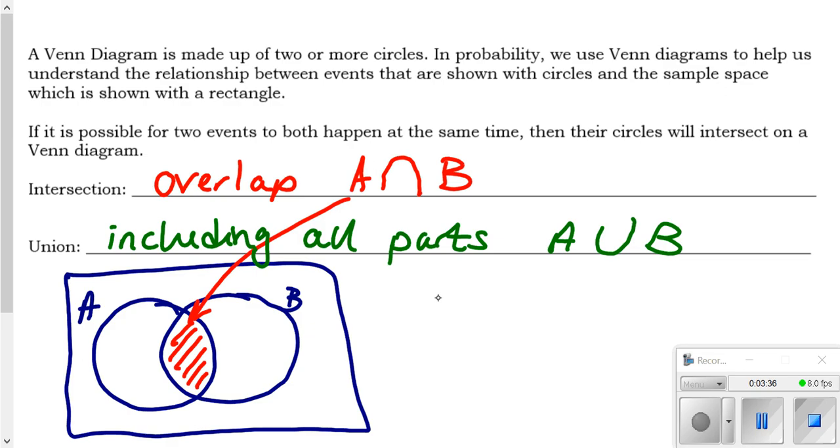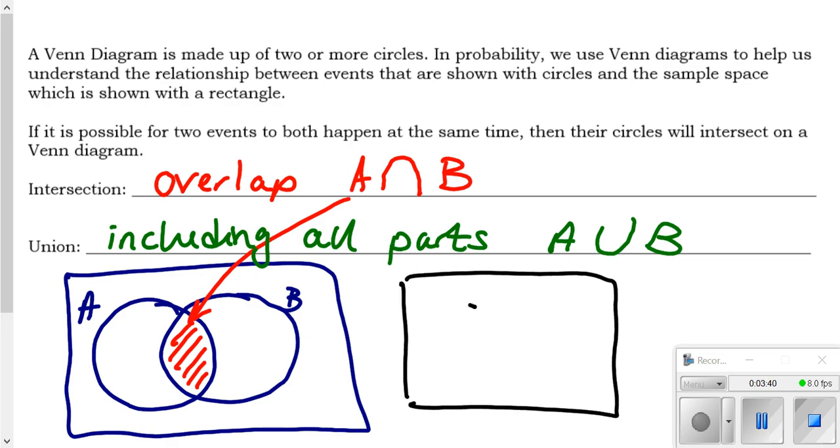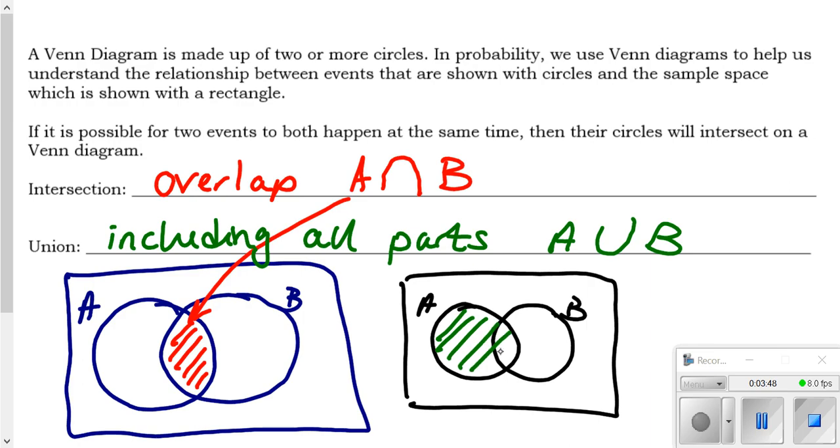And so in my Venn diagram picture, if I wanted to indicate union, I would indicate all of A and all of B, including the overlap part. Literally everything that is in A or in B or even in both. Okay, if you're in some part of A, some part of B, some part of both, you're in the union.